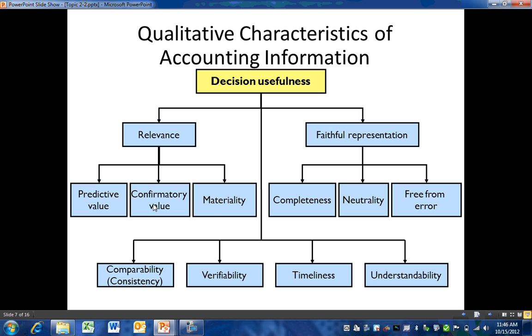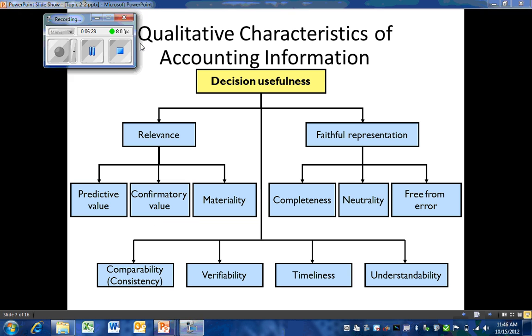In order to be able to compare entities between each other or a single entity over time, the information has to be confirmable.